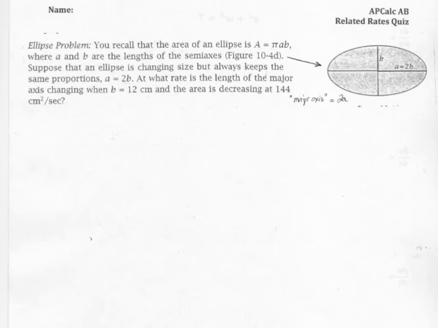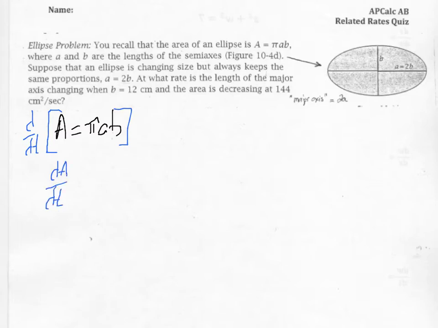Many people started with the defining relationship, A is equal to pi a b, and took the derivative of this with respect to time, which gives you dA/dt is equal to pi times, and now this is a times b, so we're going to need to use the product rule.